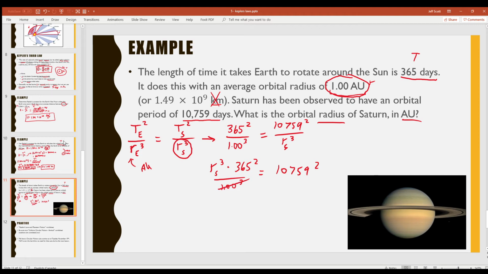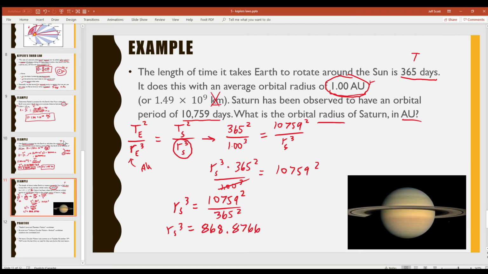Now, to get R_S cubed all by itself, we just need to divide by 365 squared. So this means R_S cubed equals 10,759 squared divided by 365 squared. This gives me R_S cubed equals, if I punch this into my calculator, I get 868.8766.